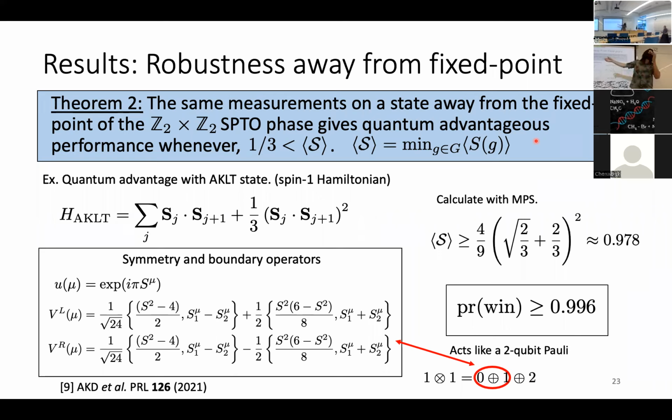The renormalization group procedure is only to ask what operators I should measure. I don't actually implement the renormalization group procedure on any physical state that I'm going to use to play the game. I'm not renormalizing the state to use it as a resource.